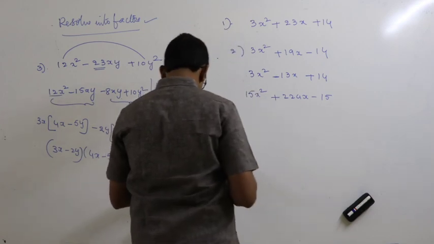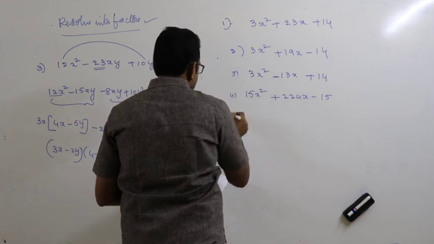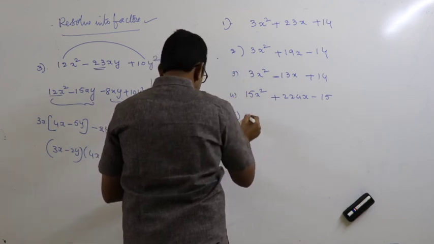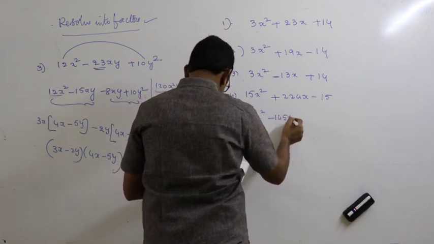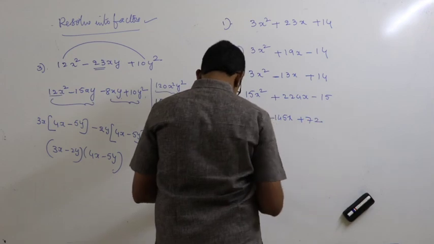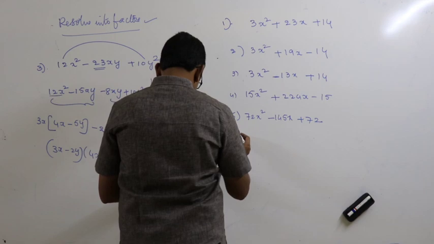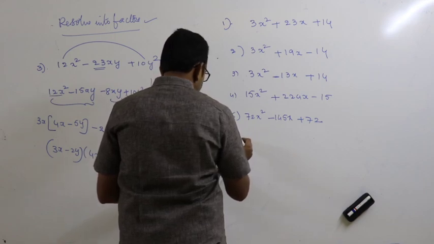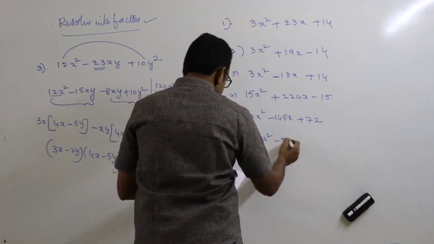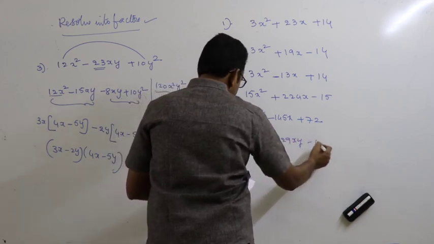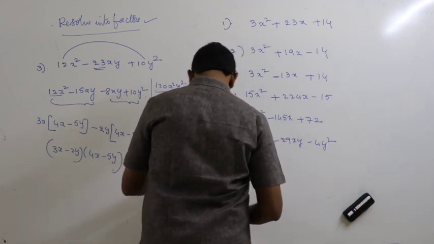Next, 72x square minus 145x plus 72. Next, 24x square minus 29xy minus 4y square. Resolve these into factors.